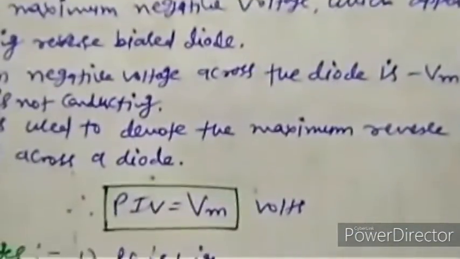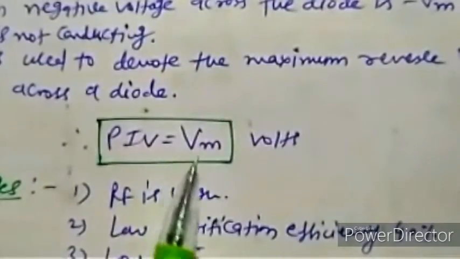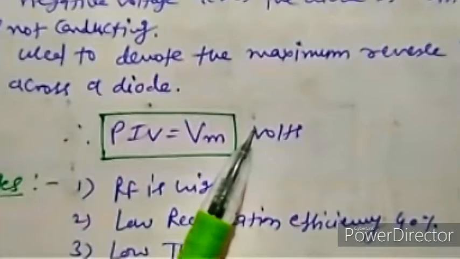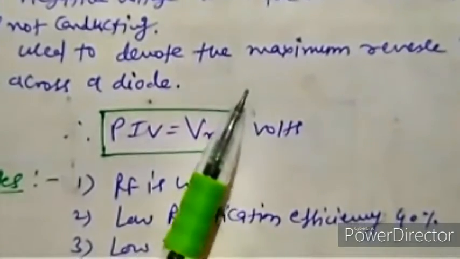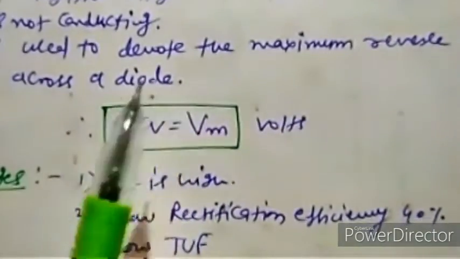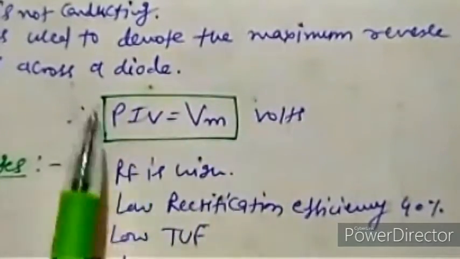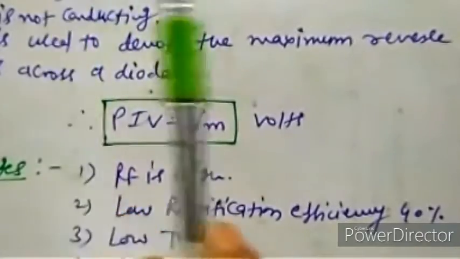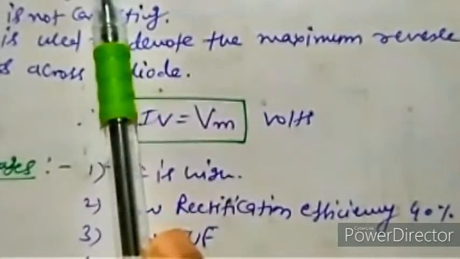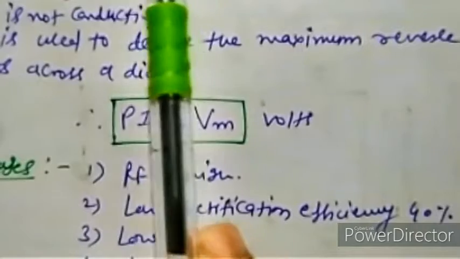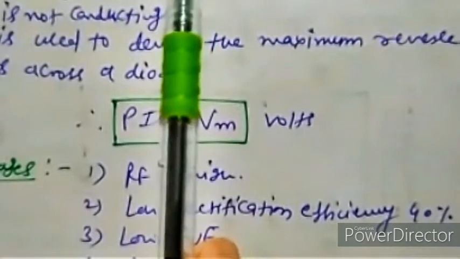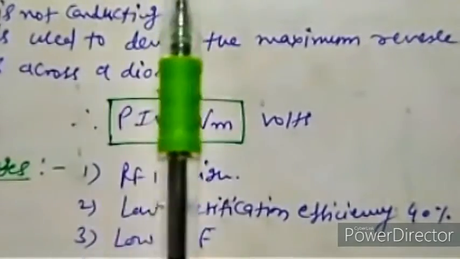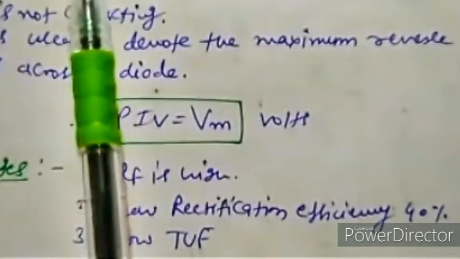Next is the peak inverse voltage, PIV. PIV is the maximum negative voltage which appears across the non-conducting, reverse bias diode. Whenever the diode is open circuited, in the reverse bias condition, the maximum reverse bias voltage across the diode is known as the peak inverse voltage.